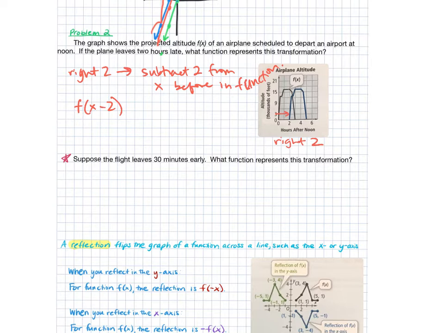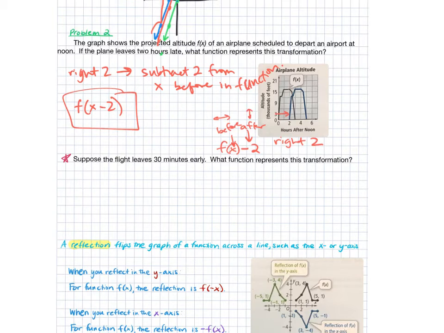The answer is f(x - 2). So you subtract 2 from the x before it goes in. Before f of x, if you're going to go down, you do it after. This is after. And if you do it inside the function, this is before. So this is left to right, this is up or down.